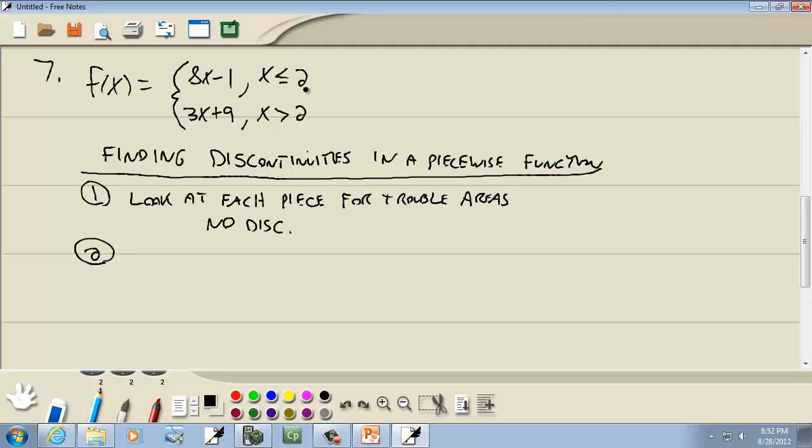Now, this is the changeover value, 2. When x is less than or equal to 2, it looks like this. When x is greater than 2, it looks like this. So we're going to plug in the changeover value into each piece and simplify.